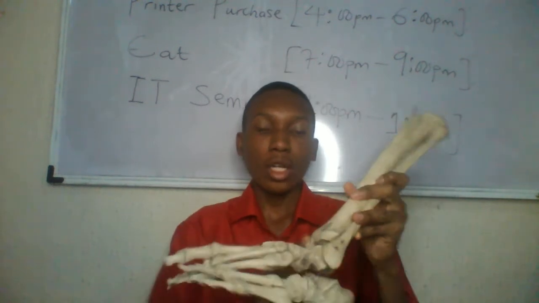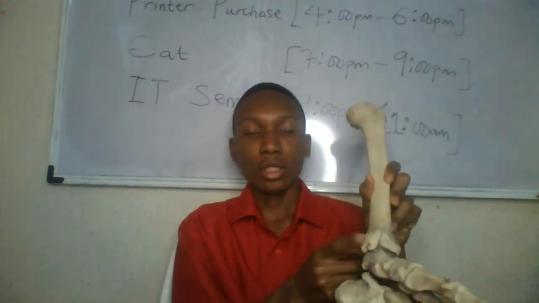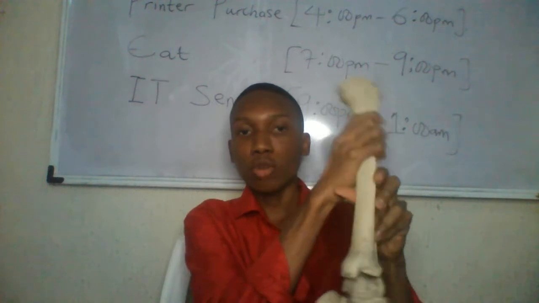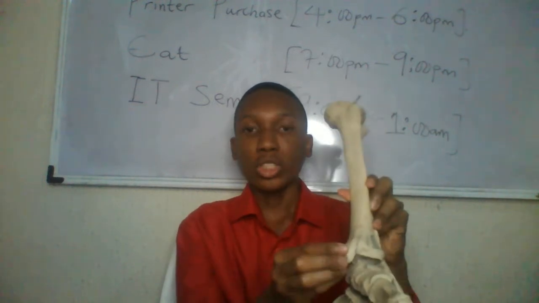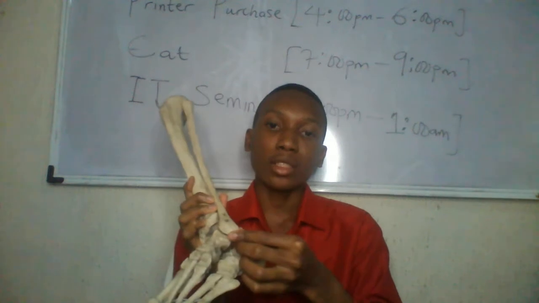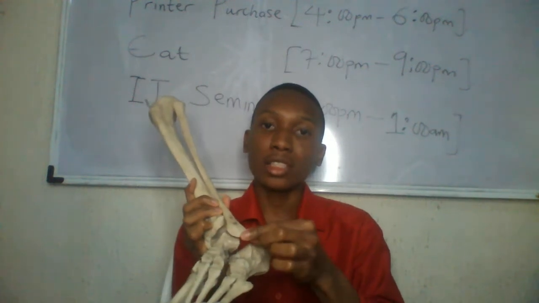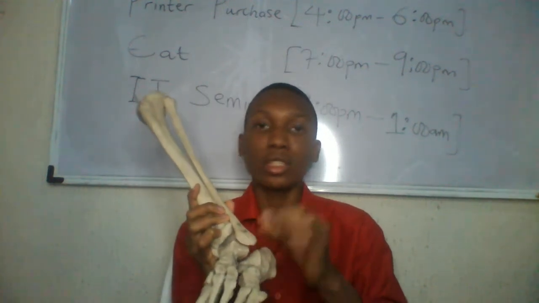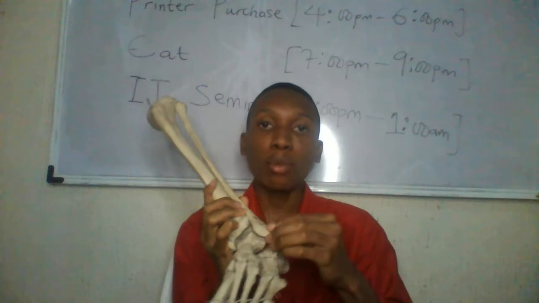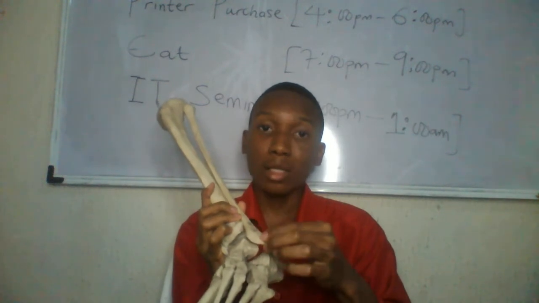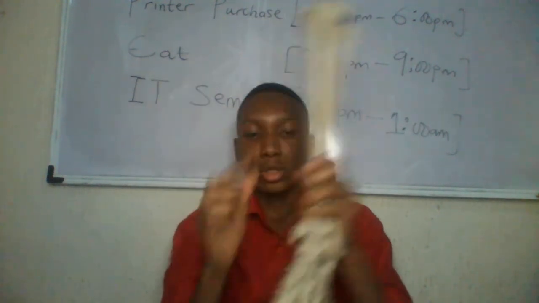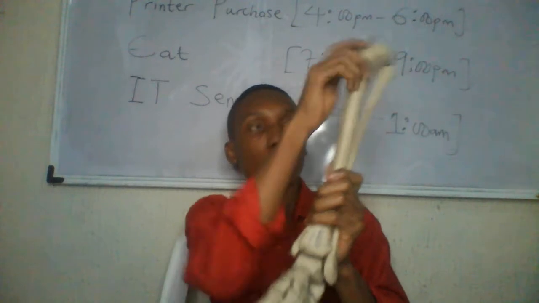So look now, you can see here this part of the tibial bone. So this is the medial malleolus. Then you have this projection, the enlarged distal end of the fibular bone, known as the lateral malleolus.